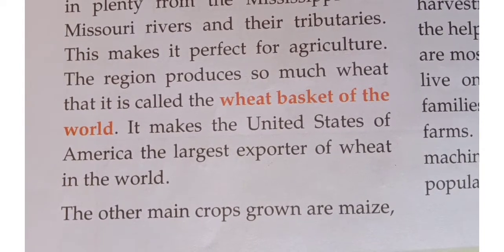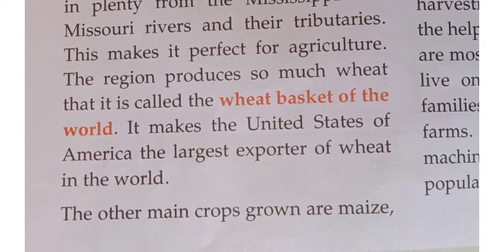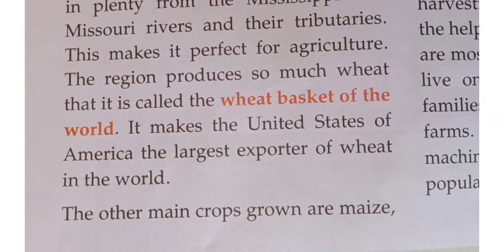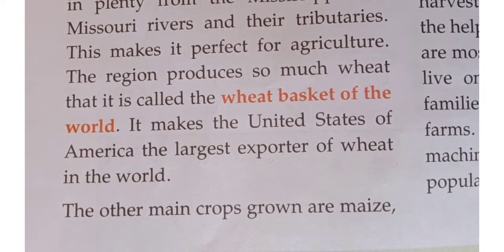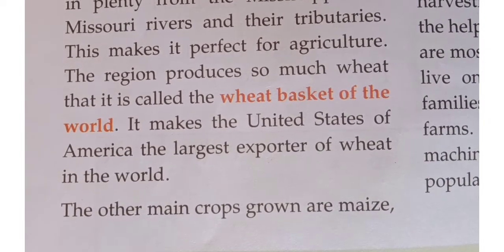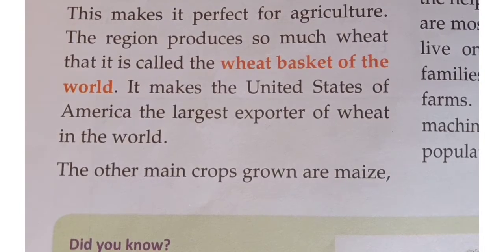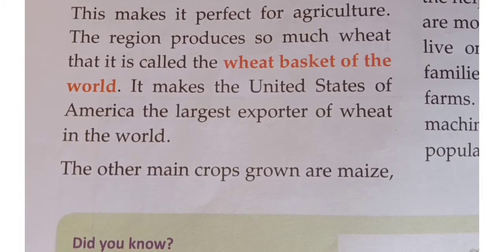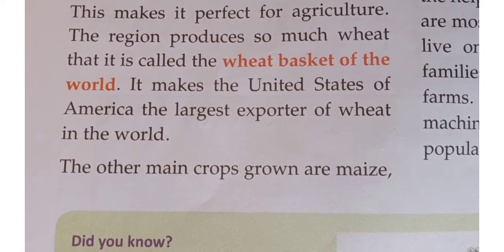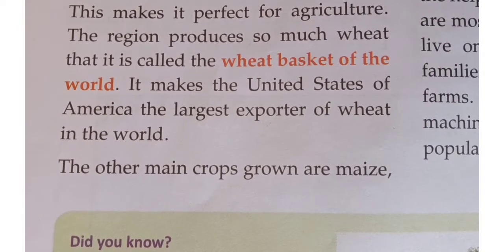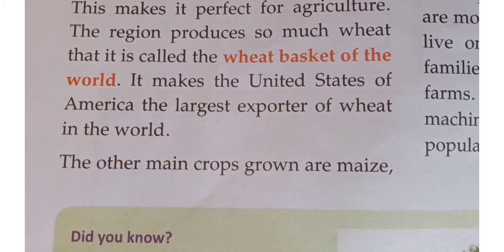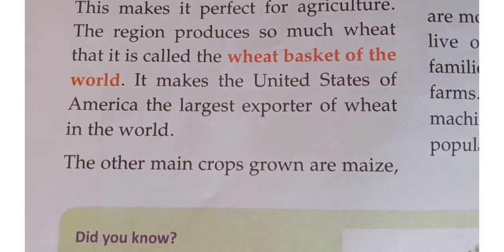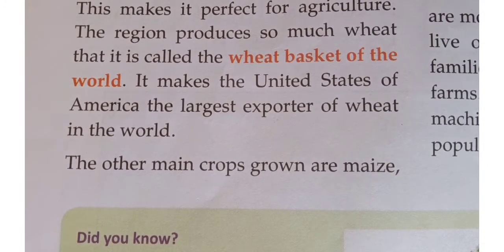This prairie grassland is known as the wheat basket of the world because they produce more wheat in this land. So this makes the United States of America the largest exporter of wheat in the world.